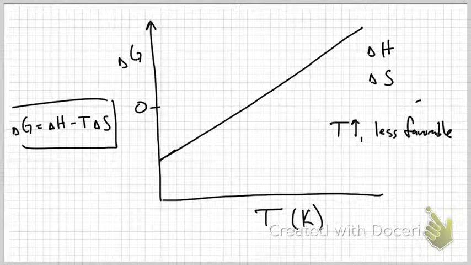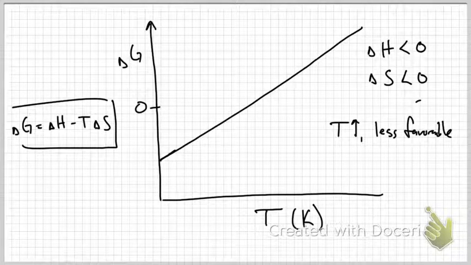So in this one, we'd have to have a negative delta H because when temperature is really low, this is the only thing that contributes to our Gibbs free energy, and we know our Gibbs free energy is negative to start with. So this is less than 0, and this is, wait, did we say that? So H had to be negative.